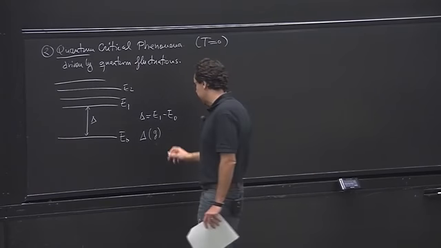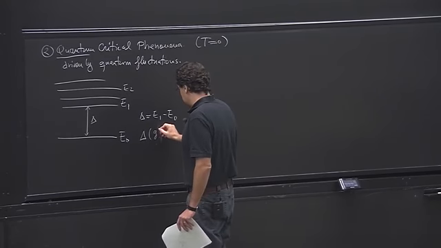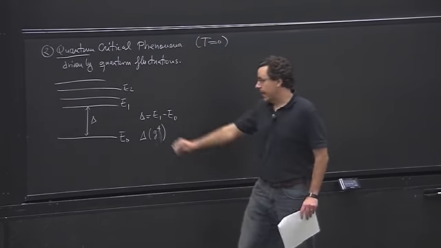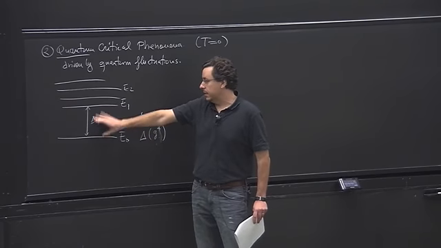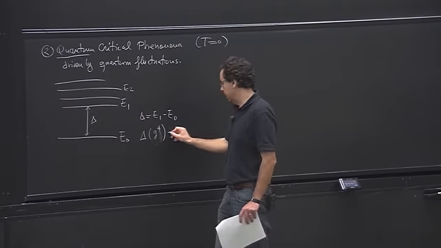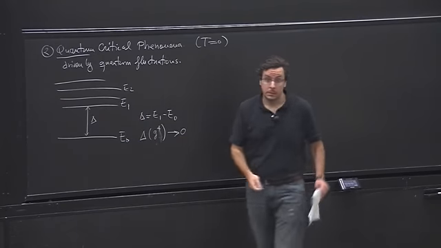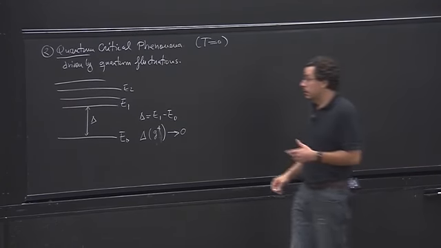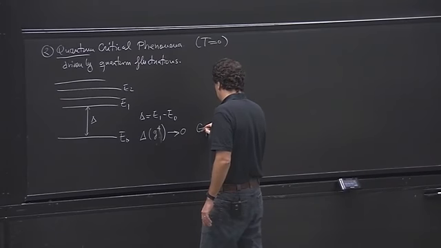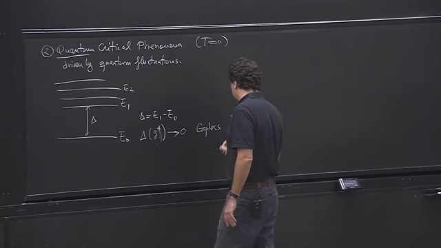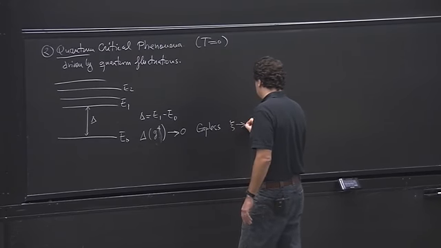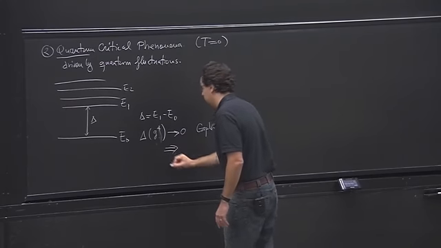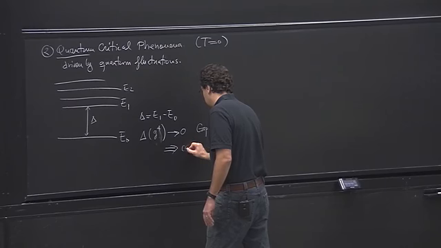And then what can happen is that you can tune this control parameter such that the gap between the ground state and the first excited state closes, and the gap goes to 0. That means that the system is gapless, and the correlation length also goes to infinity. So these guys are also described by conformal field theories.